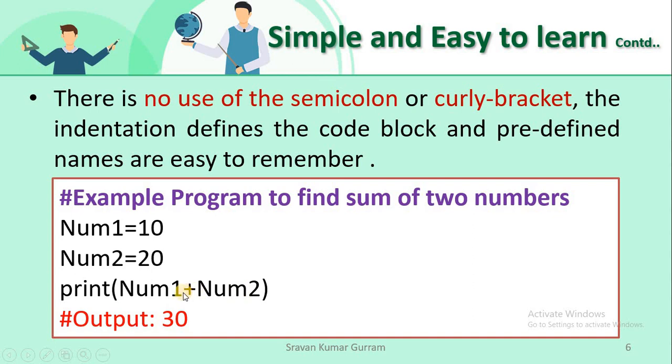Here my intention is to print the sum of these two numbers, so I am using the function print. Now you can observe, if you want to print something, you can use the print function. This is very similar to the English language. You can easily remember it and easily implement it. So this is one of the reasons why we say Python is very simple, easy to understand and easy to learn.